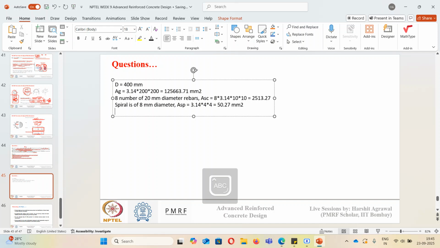The clear cover is 40 mm. FCK is given to us as 30 MPa, and FY is given to us as 500 MPa.